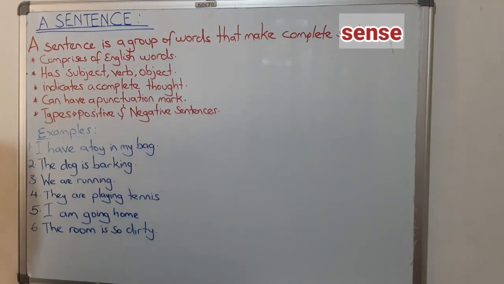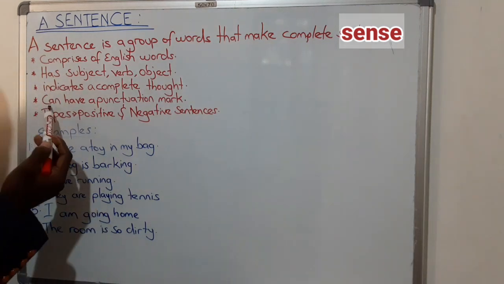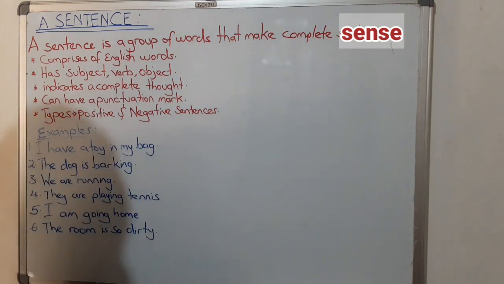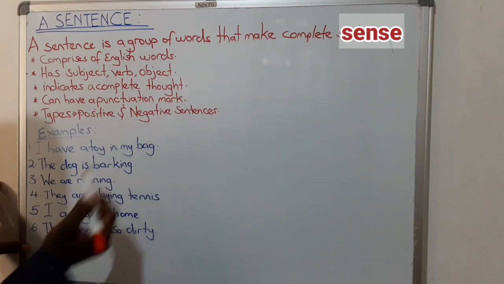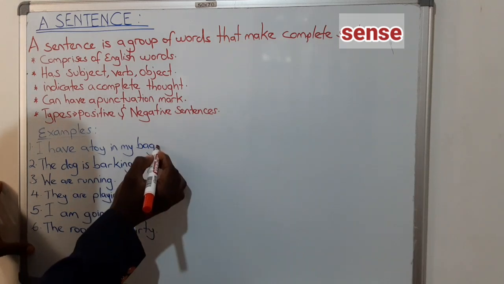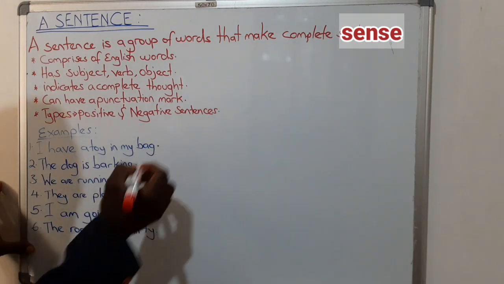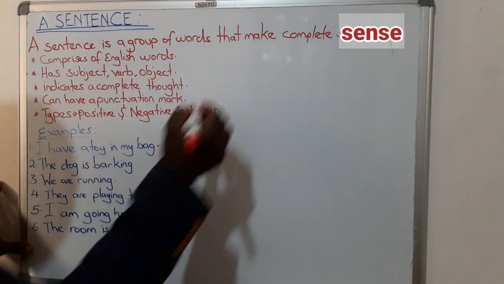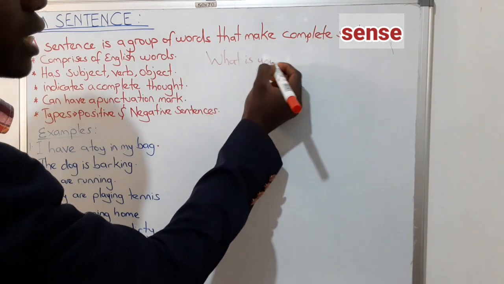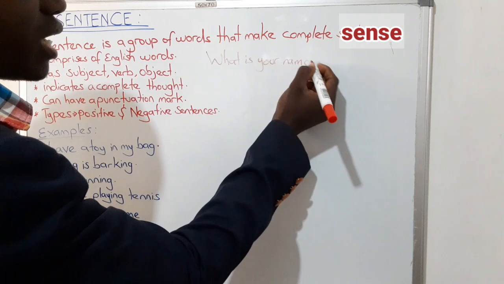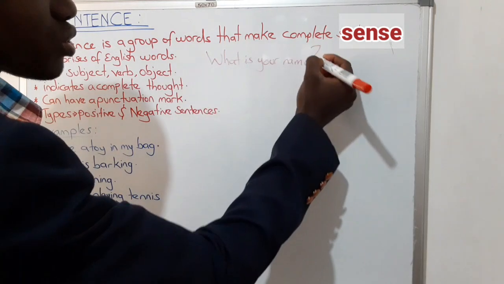Are we together? Okay, a sentence also can have punctuation marks. Let's have an example. I have a toy in my bag, ending with a full stop. If you are asking something, you say, what is your name? So you end it with a question mark.